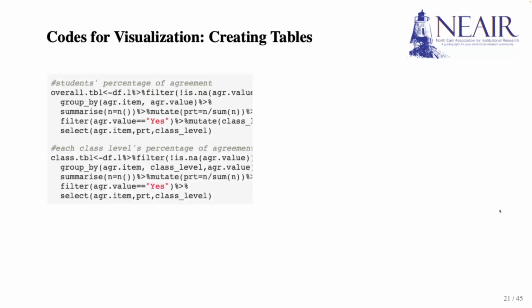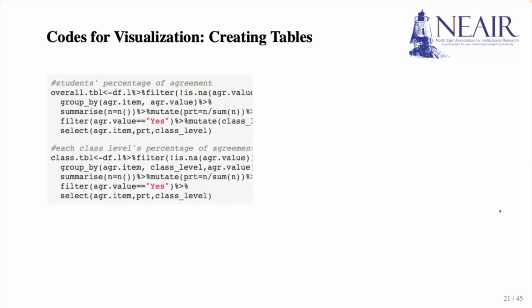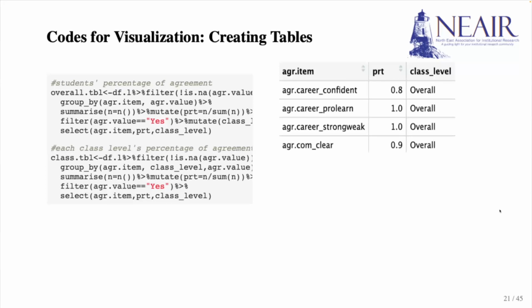Firstly, we create tables, similar to pivot tables, which we will use later to transform into a graph. The tables we created here are overall table and class table. The overall table calculates the percentage of students' agreement for each survey item.